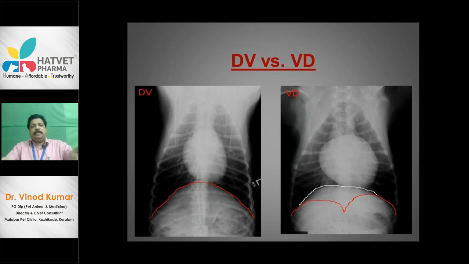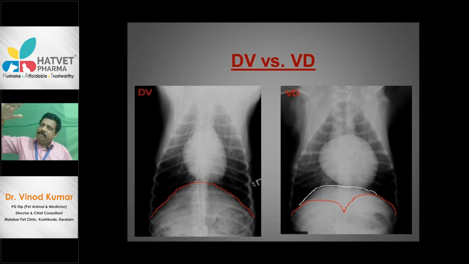If it is lying in ventral recumbency and the X-ray touches first the dorsum and lastly the ventrum, it is a dorsoventral radiograph.